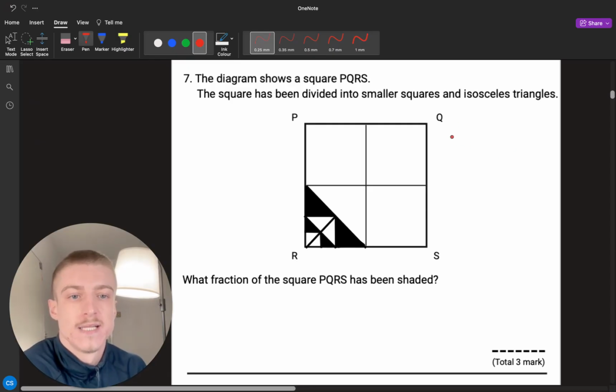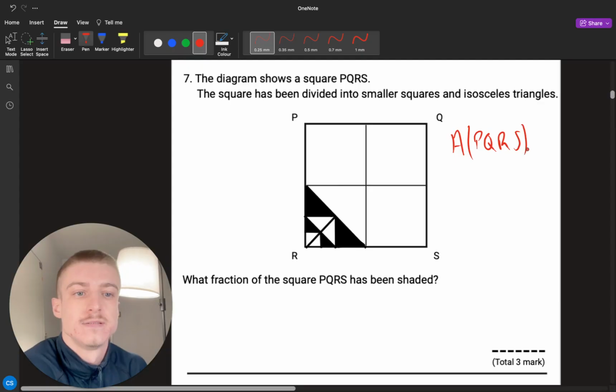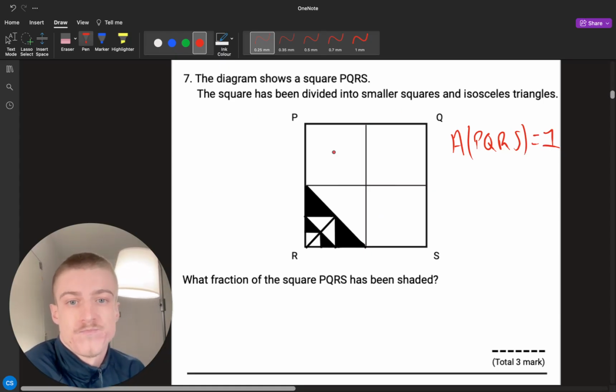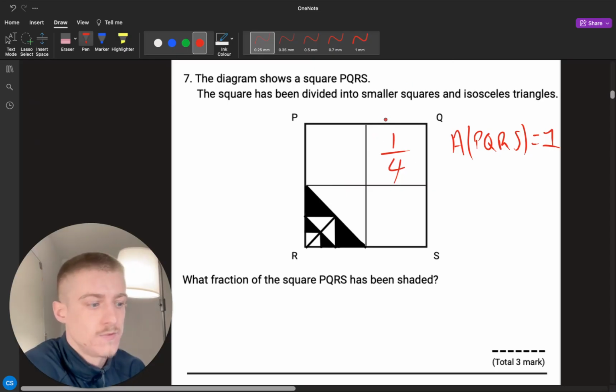If we say that the area of PQRS is equal to 1, it's one whole, then we can work in fractions for the rest of the question. So PQRS is split into 4 boxes to begin with, so each box has an area of 1/4. Okay. Now we can divide one of these squares into 2 by drawing a diagonal line, 2 triangles.